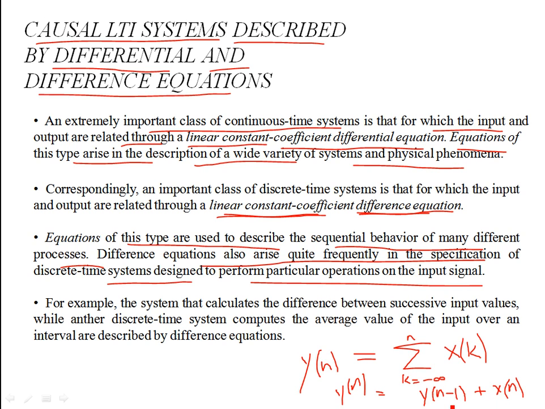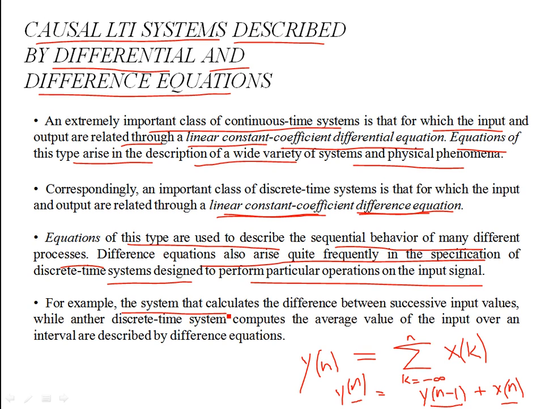So basically the system is just summing up the samples. This shows the accumulation of all the samples up until the discrete time instant n minus 1, and then comes the present sample and you add it to produce the output. So this is a difference equation describing the input output relation of an accumulator.